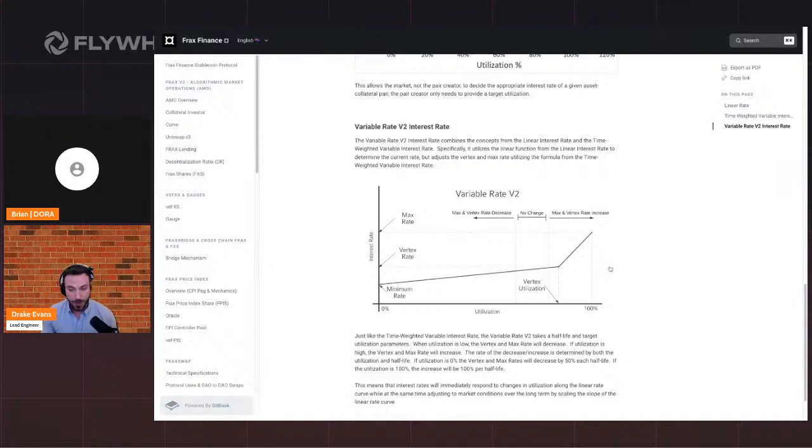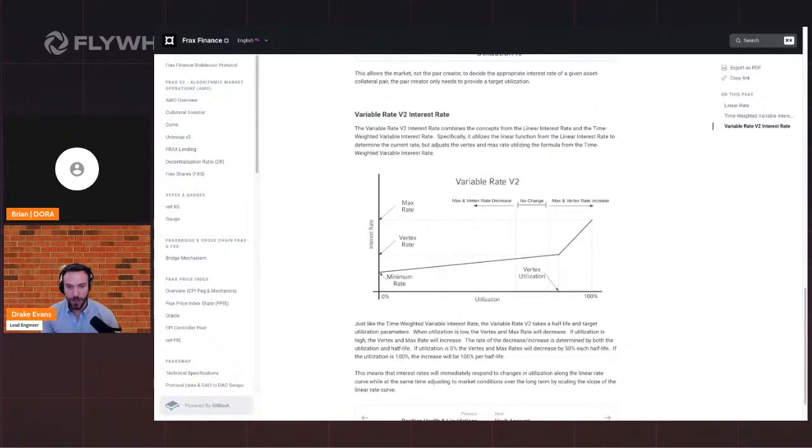Alternatively, lenders may be enticed by the rising interest rates and choose to lend more value into the pair, again bringing the utilization back to this Goldilocks zone. So you can think of it like this. If you come in and utilization is 50% and you bring it to 75%, immediately the interest rate will change and it will slide along this curve.